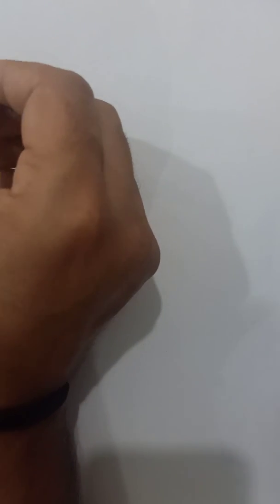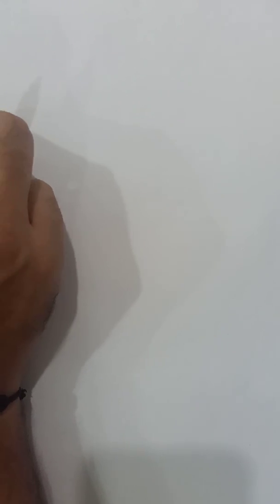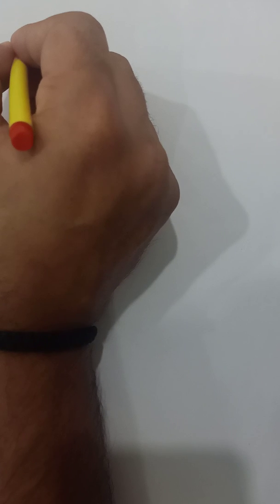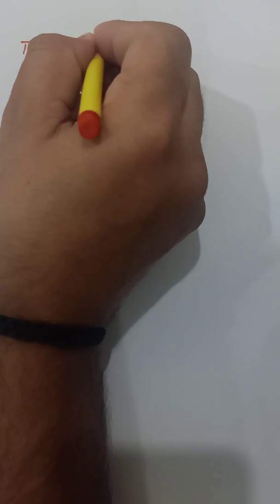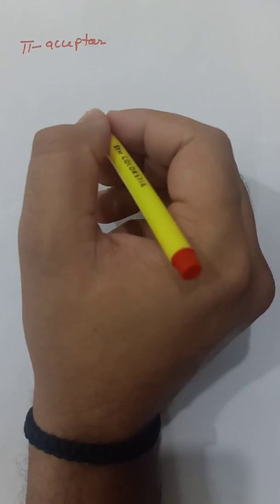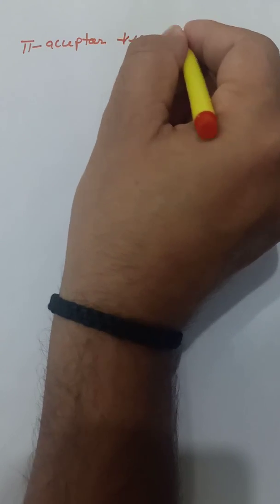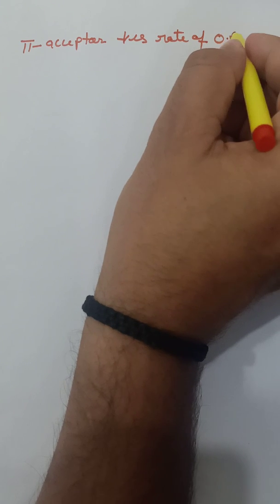Okay. Next, number 5. The next point is that the presence of a pi acceptor ligand, if attached to the metal, decreases the rate of oxidative addition. Okay.